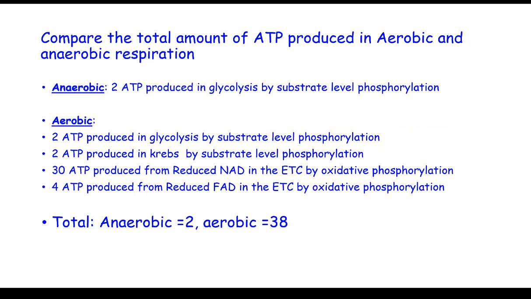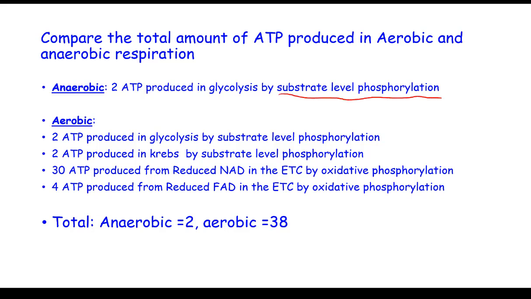And then this is sort of just going into a little bit more detail of what we talked about whenever we had mentioned about producing ATP in aerobic and anaerobic respiration. So the only process that can take place in anaerobic respiration was glycolysis, and that ATP is produced by substrate level phosphorylation.